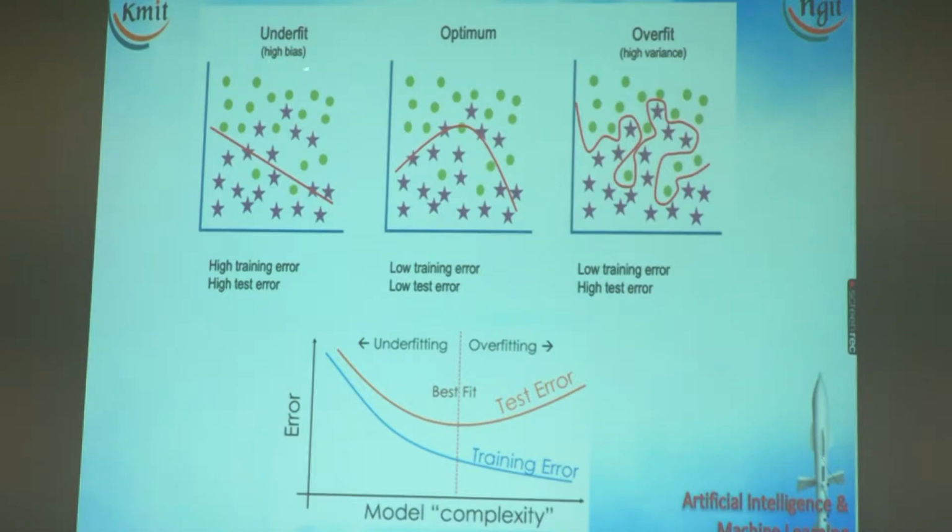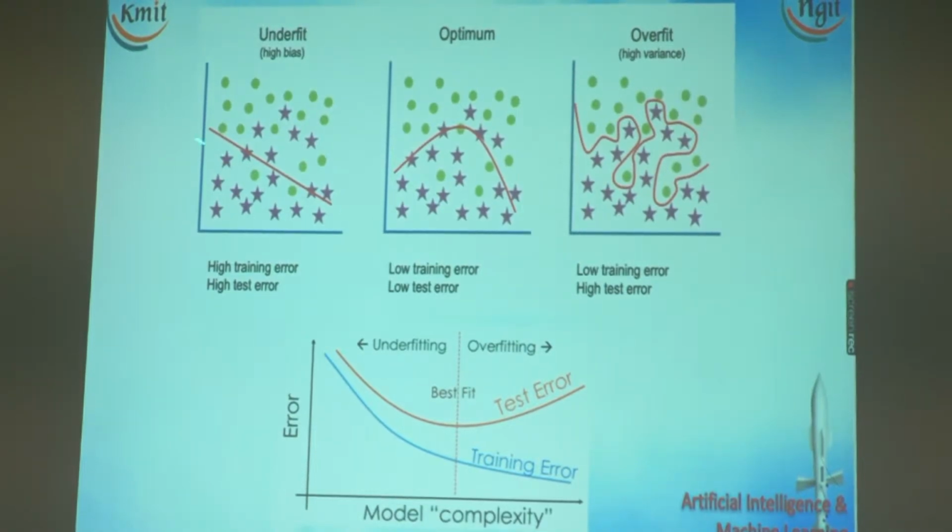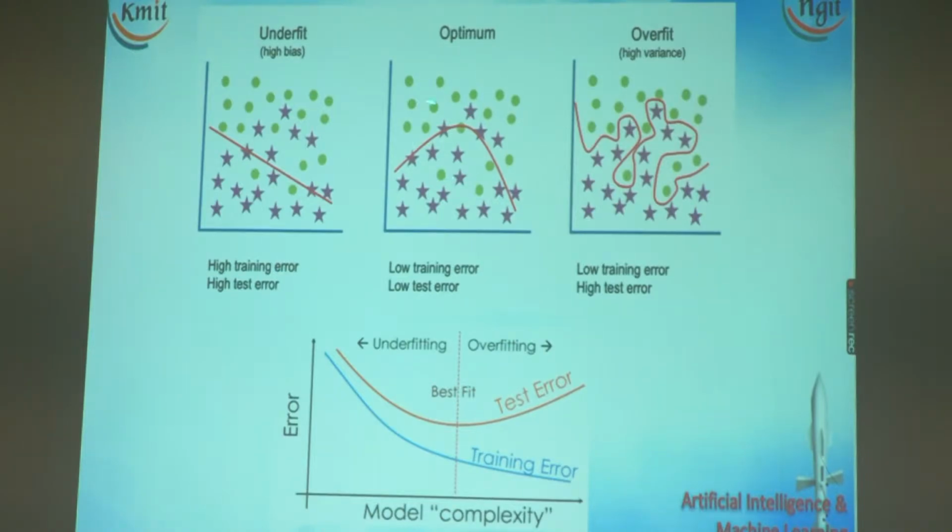When we have high bias, when we assume many things, it goes with underfit. This fitting is called underfit because it is not classifying well. Here we have fitted the line as a polynomial such that it has classified well. When we have overfit, it classifies everything.